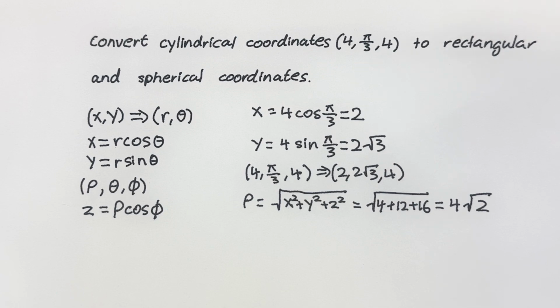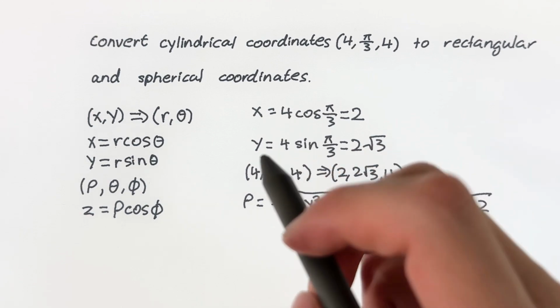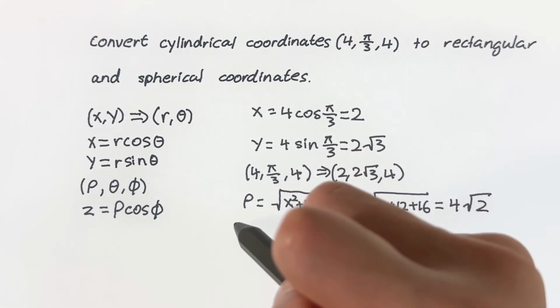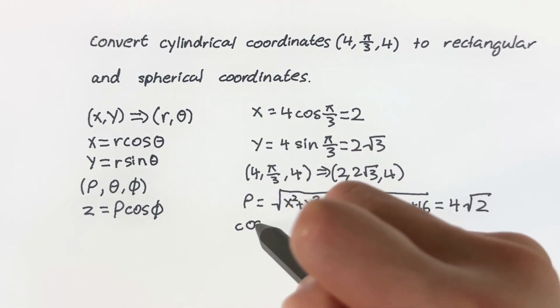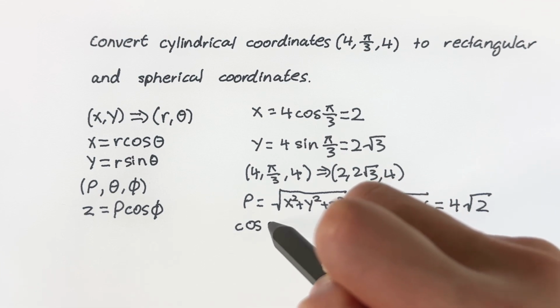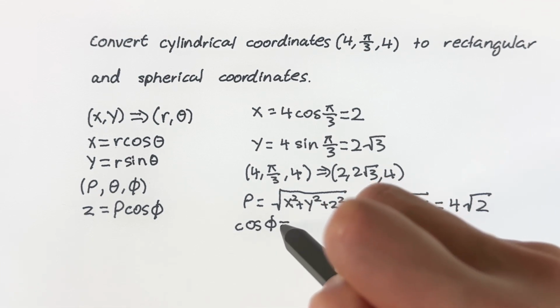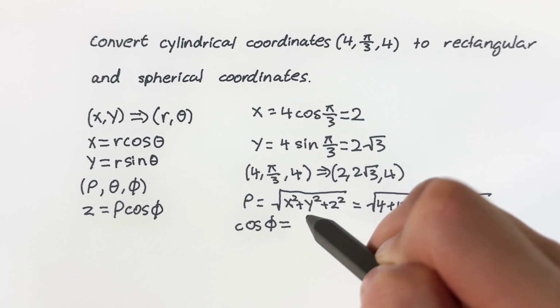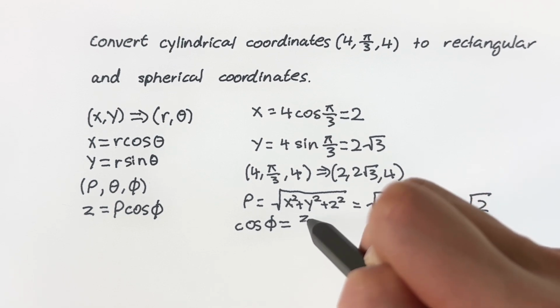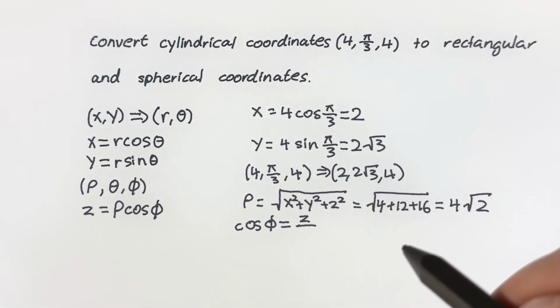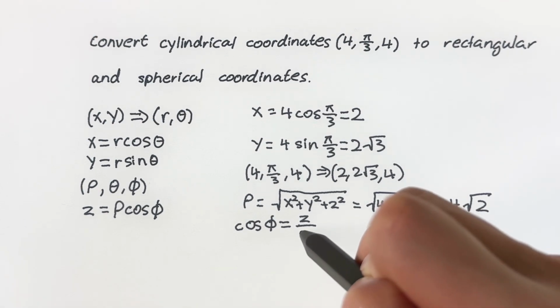Finally, since z equals rho times cosine of phi, you have the cosine of phi equals the z-coordinate divided by rho.